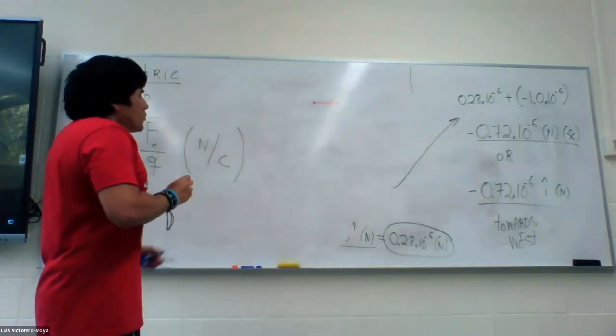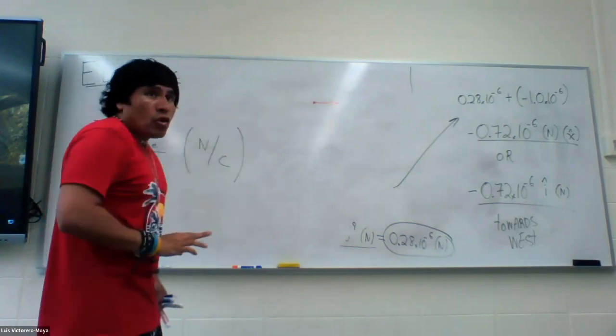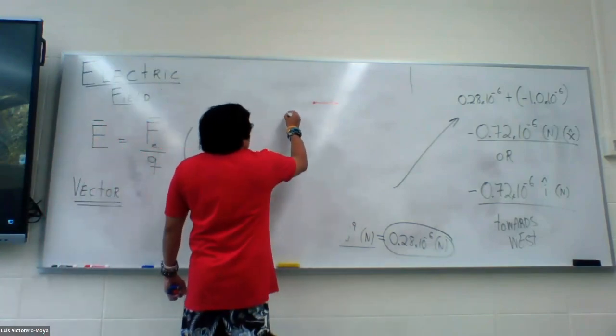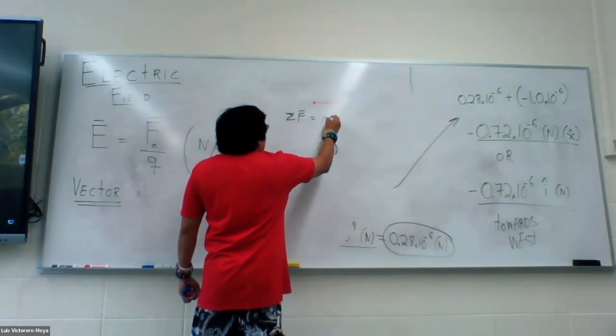If the charge is moving to the right, there has to be a net force pushing it. Why? Because we know that the net force acting on a particle is equal to mass times acceleration.